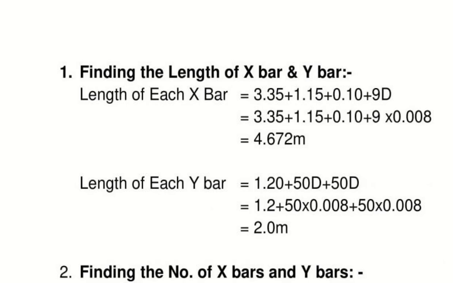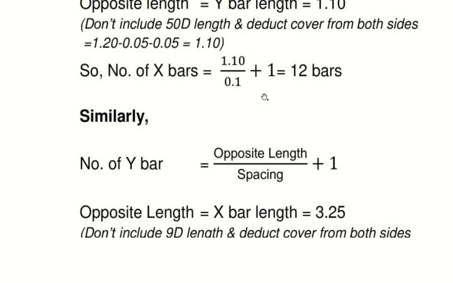I don't know why, they are taking different covers for slab and beam. In beam they took the cover 1.1, for the slab they are taking the cover 50 millimeters, which makes sense, because beam is thick and slab is usually thin, so you can have less cover.